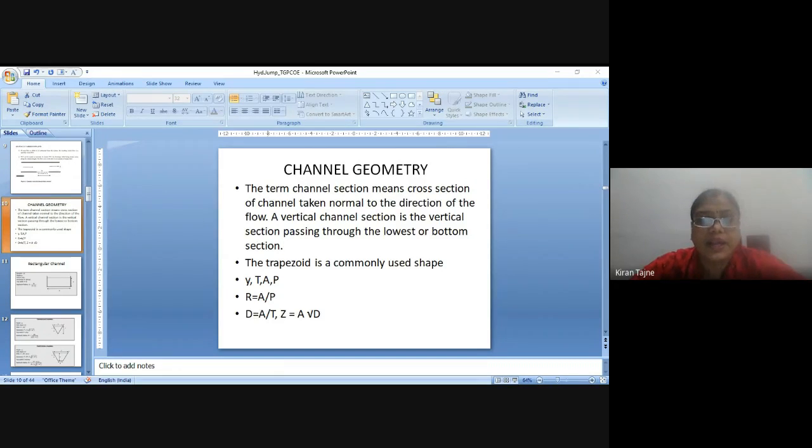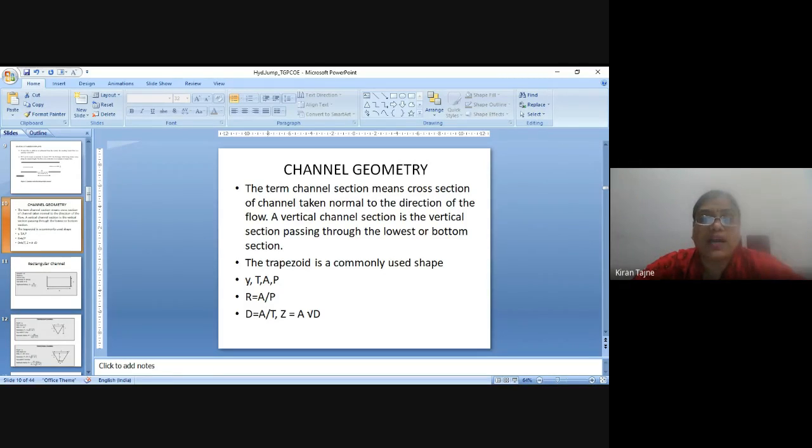Here there are some nomenclatures. Depth of flow y is the vertical distance from the water surface to the lowest point of the channel section. Here there are some alphabets written.